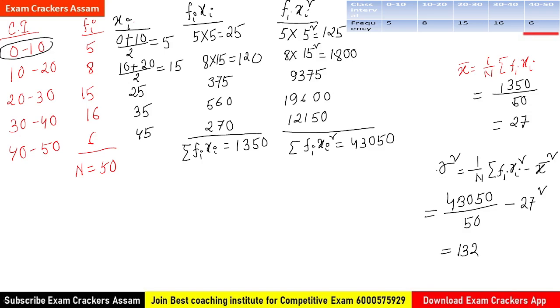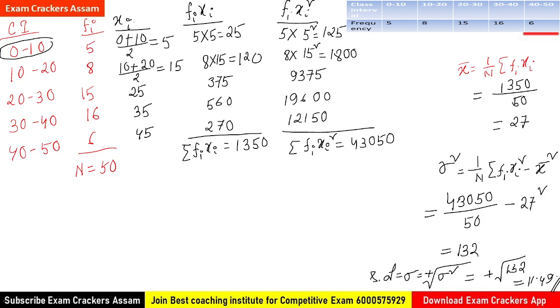So from variance we can get the standard deviation, which is your sigma, and this is the positive square root of sigma square, the variance. So this is positive square root of 132, that is your 11.49, which is the correct answer.